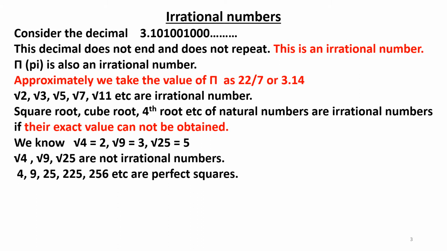Because 4, 9, 25, 225, 256, etc. are perfect squares. What is a perfect square? When a number is multiplied by itself, we get the perfect square. See, multiply 7 by itself. 7 into 7, 49 is a perfect square. 7 is the square root of 49.